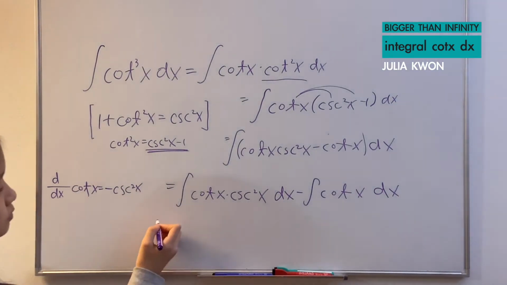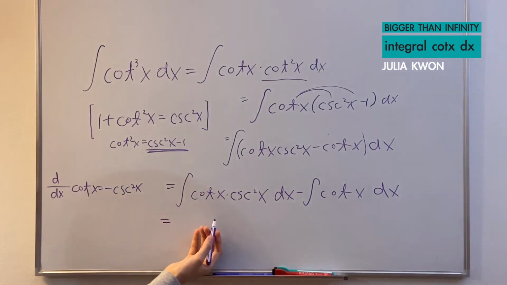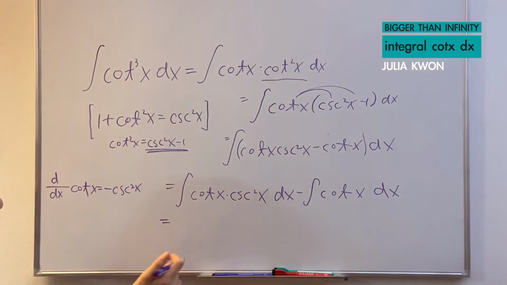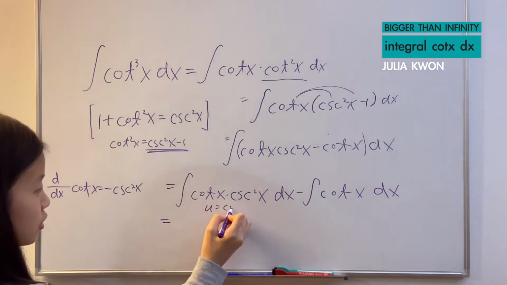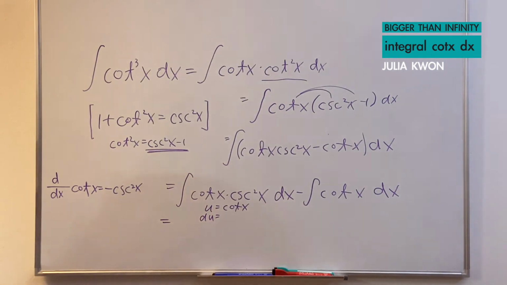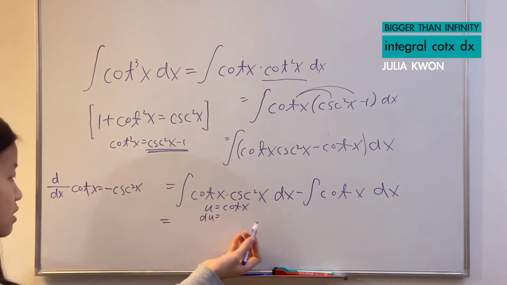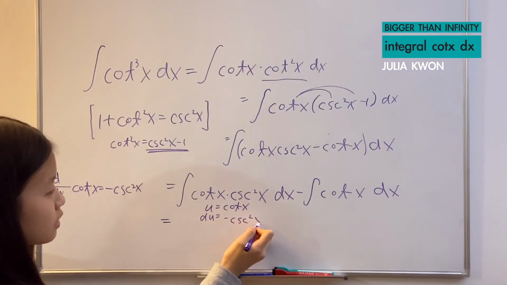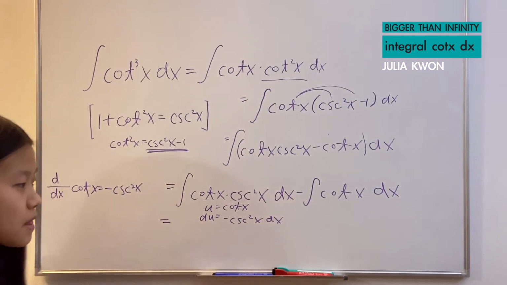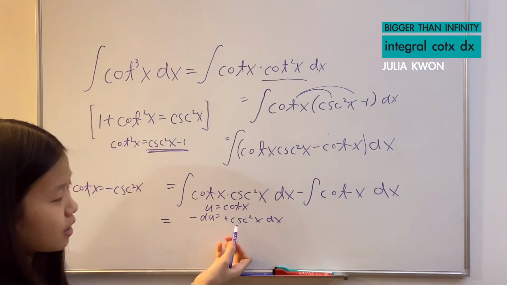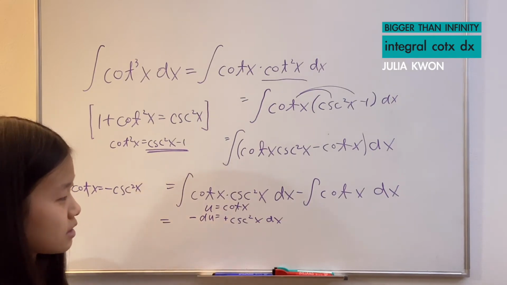So we're going to set u equal to cotangent x, which would give us du, the derivative of cotangent x, which is negative cosecant squared x dx. Multiply negative 1 on both sides, and we would have negative du equal to positive cosecant squared x dx.